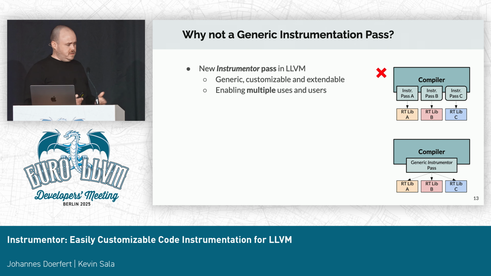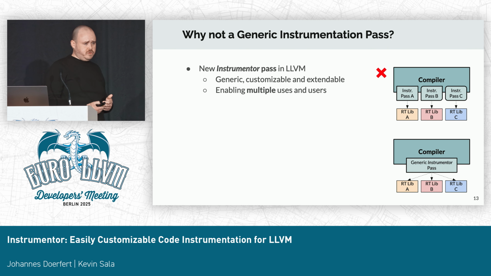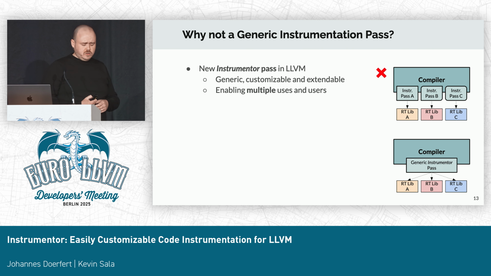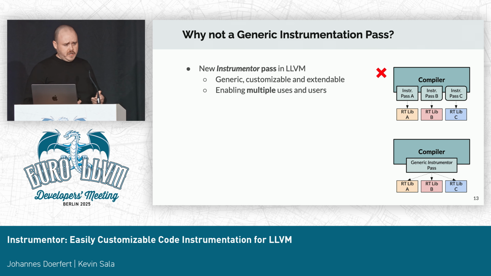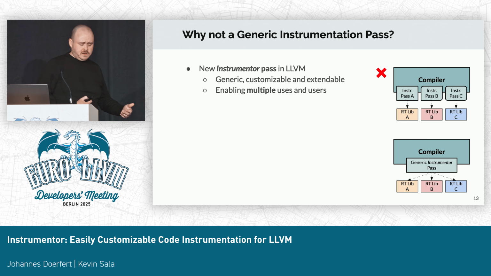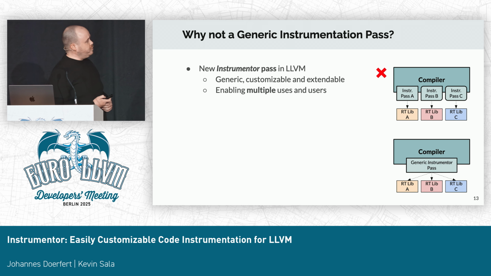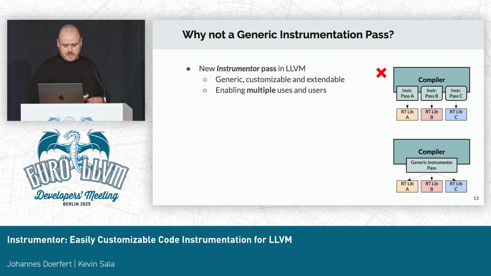The user can decide what to instrument and what information to provide to the runtime component at runtime. And then it's also extendable for LLVM developers. If there are other opportunities to instrument that are worthy of having in the Instrumentor pass, they can extend it. So with this, we enable multiple uses with the same instrumentation pass instead of having multiple.